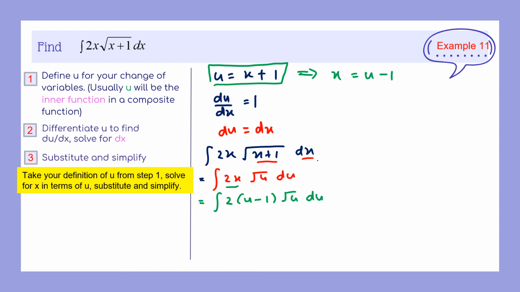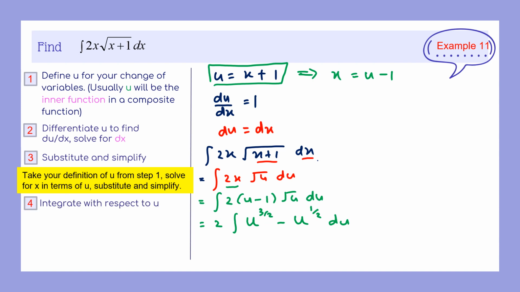Okay. So then this one we can simplify. We bring out 2. Then we expand u minus 1 sub u. We get u power 3 over 2 minus u power 1 over 2 du. And then step 4, integrate with respect to u.